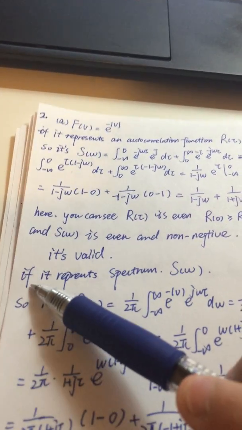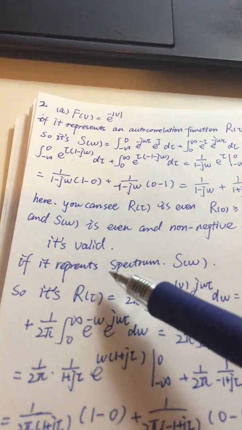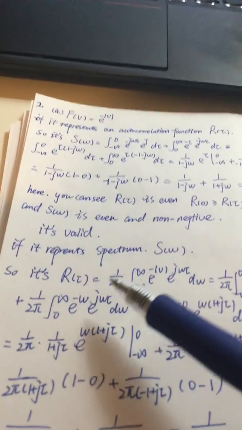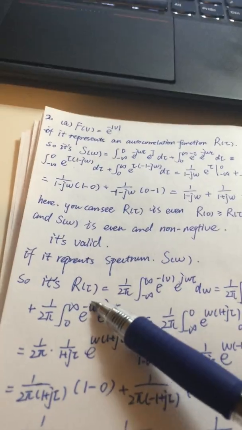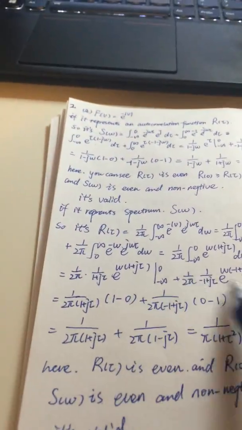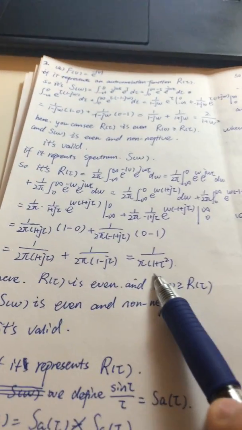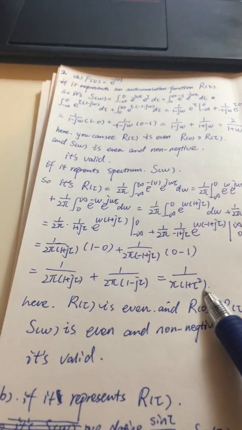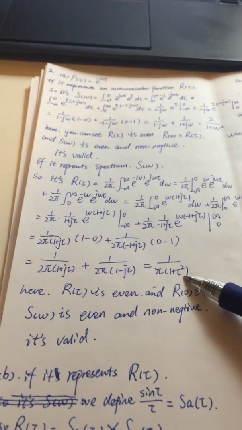Okay, another case: if it represents the spectrum, we use the inverse Fourier transform to find the autocorrelation function. The process is the calculation of the inverse Fourier transform, and finally we get this answer. It is even, and when tau equals 0, it is the largest value.